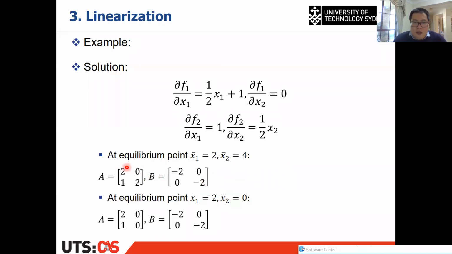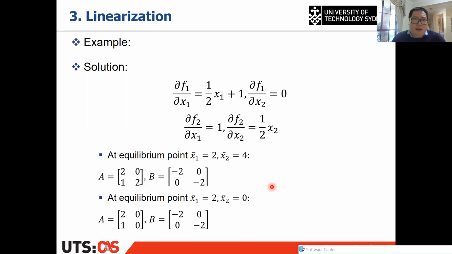And for the A matrix, this value is from f1 with respect to x1, this value is from f1 with respect to x2, this value is from f2 with respect to x1, and this value is from f2 with respect to x2. But again, it needs to be evaluated at the equilibrium point. That's why you have numbers here.